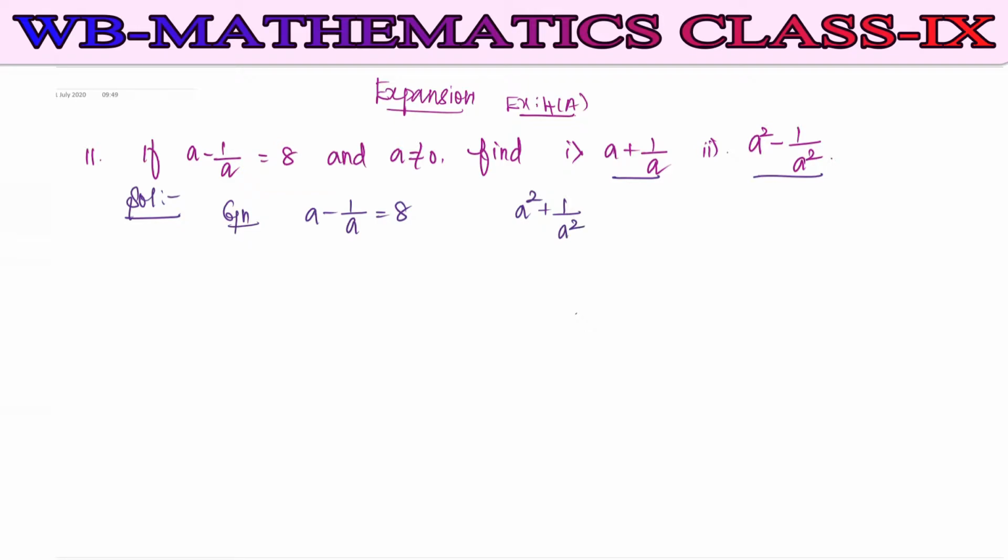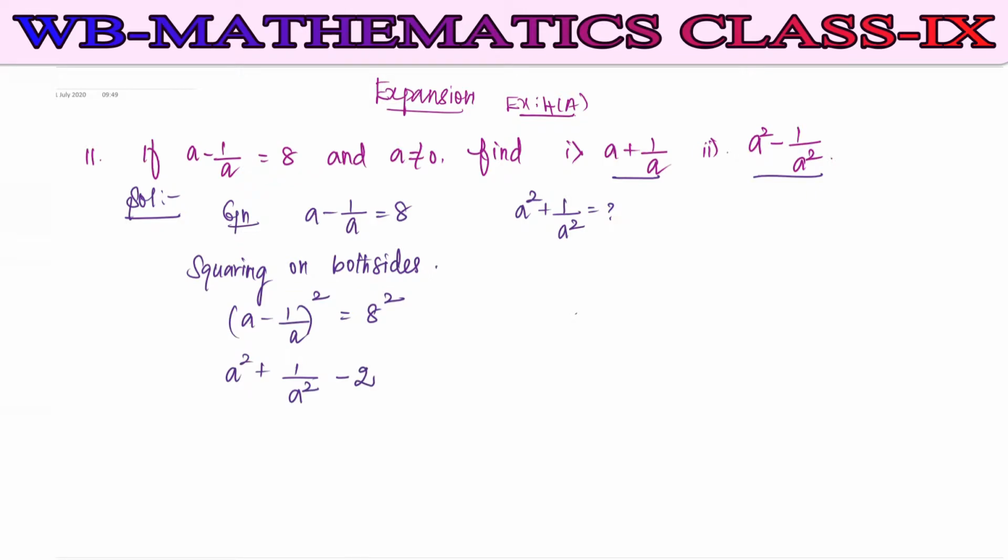To get this value, I am going to take squaring on both sides. a minus 1 by a whole square is equal to 8 square. So here the formula a square plus 1 by a square minus 2 is the formula for a minus 1 by a whole square. 8 square is 64. So a square plus 1 by a square minus 2 is equal to 64.